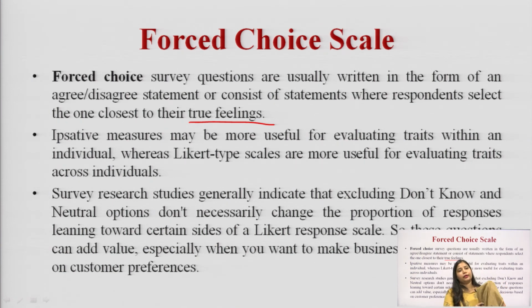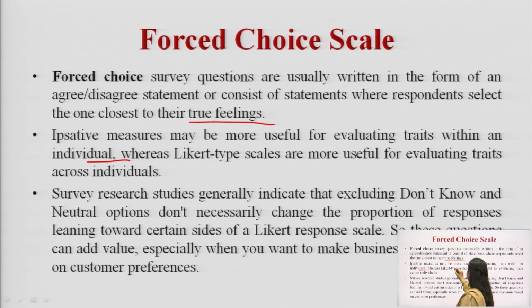Then the forced method may be more useful for evaluating traits within the individual, and most of the time it is used for that. And what is happening in the Likert scale? The Likert scale is more useful for evaluating traits across individuals. But what is the difference between the forced scale and the Likert scale?